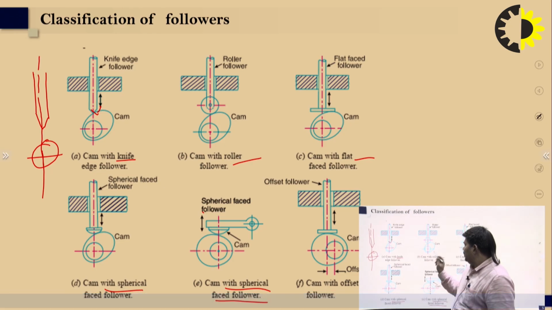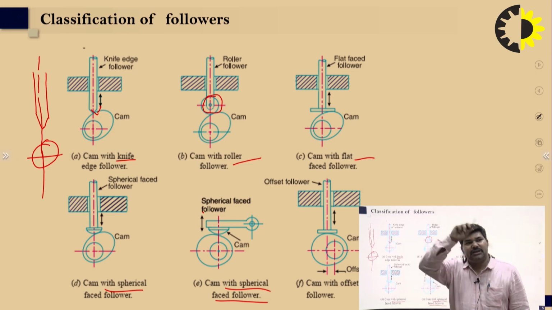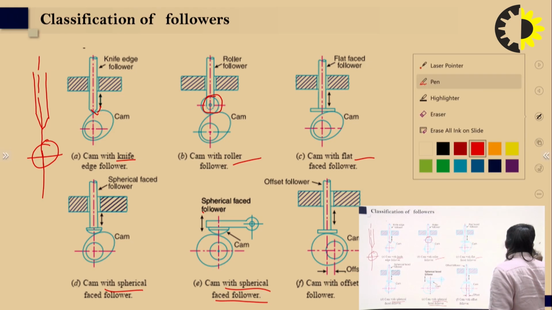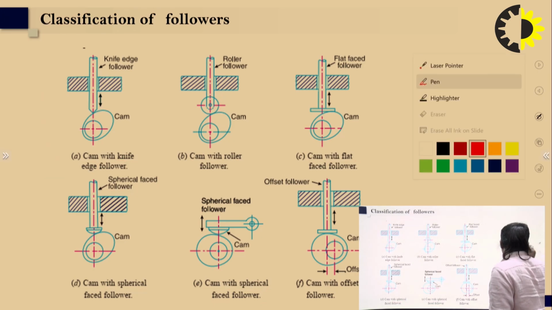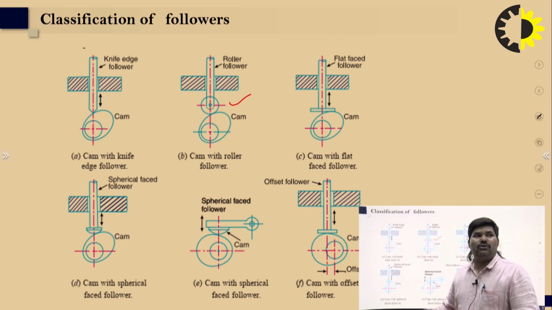In figure B, the follower is the roller follower. The shape of this follower is a roller, so this type of shape is known as the roller follower.